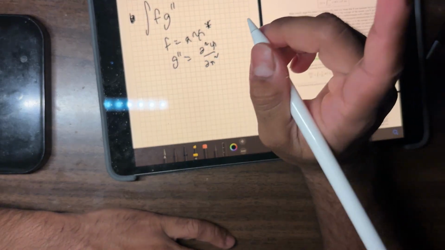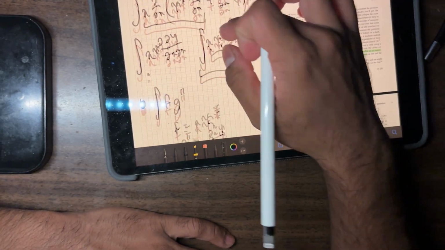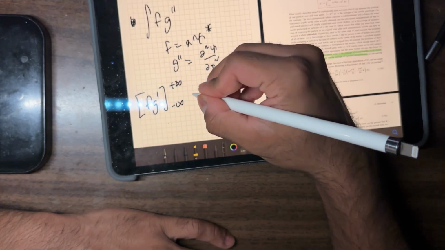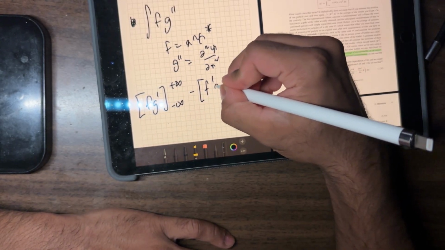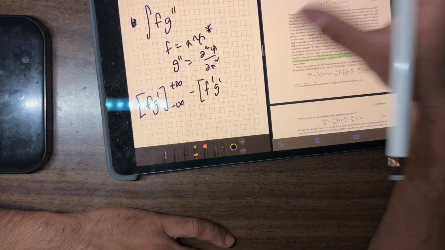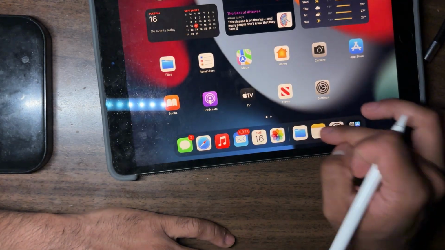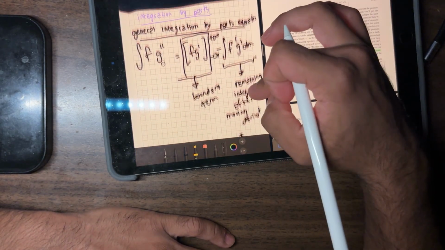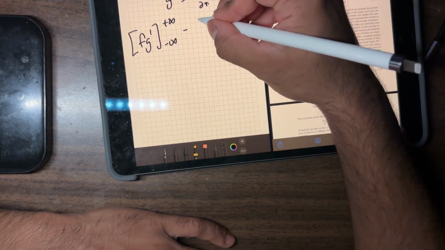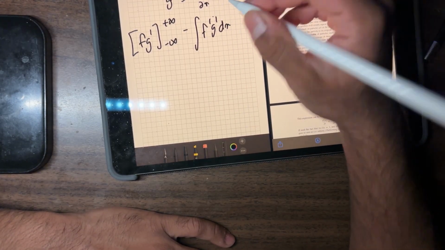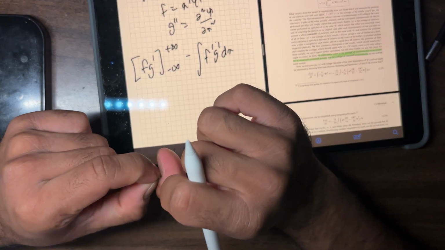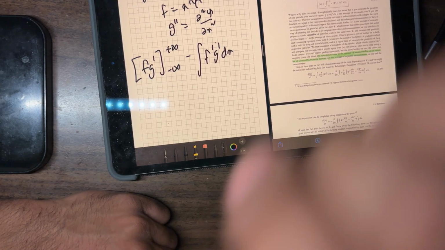If I use the same notation, which is f g prime from minus infinity to plus infinity, minus integration of f prime g prime dx. Now g prime, which means I would have to integrate it once.